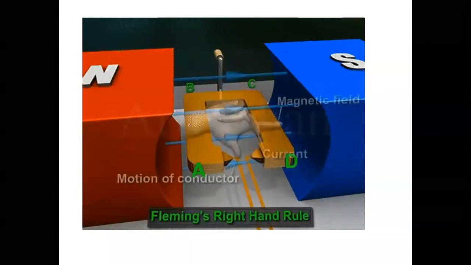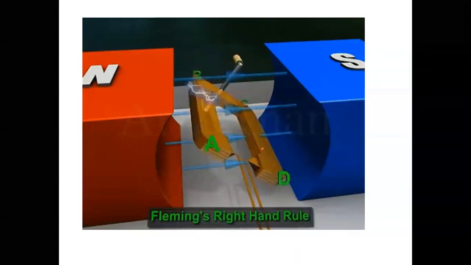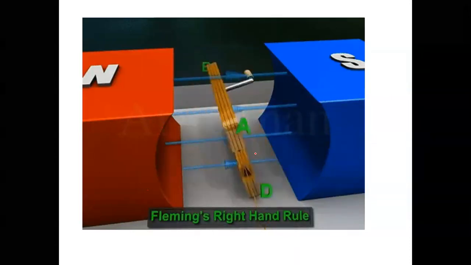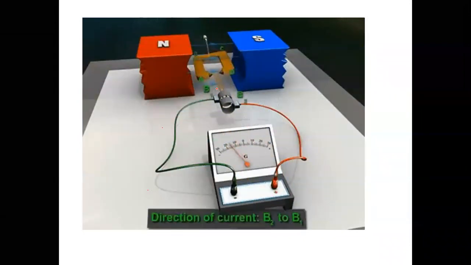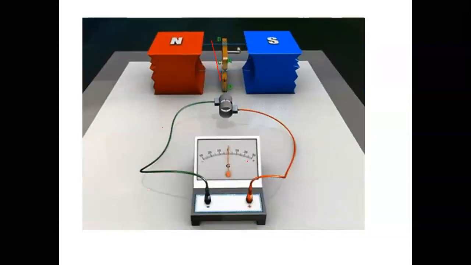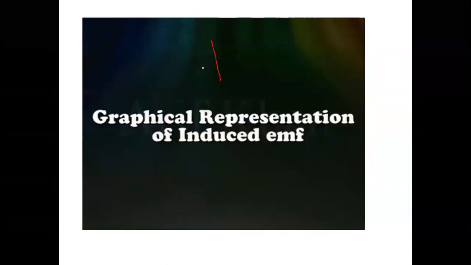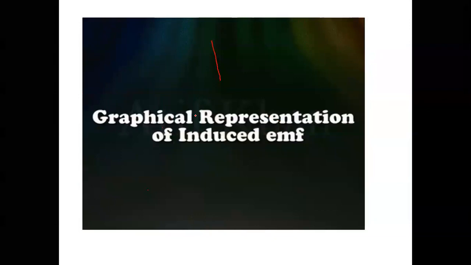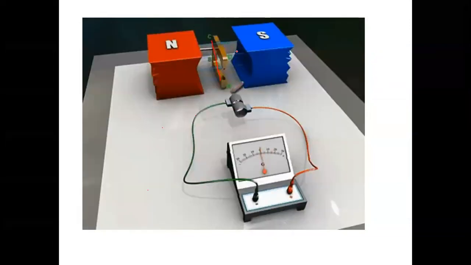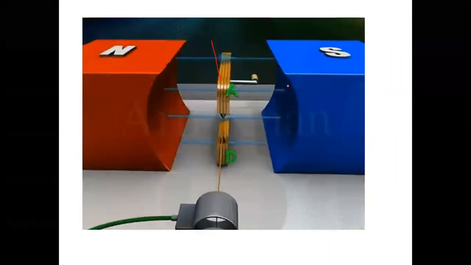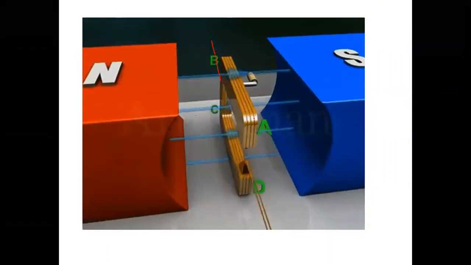This is a GIF, I cannot stop it, but ample animations are available to see. After crossing the magnetic neutral axis, the EMF induced is changing. When AB is under the influence of south pole and CD under north pole, positive voltage.